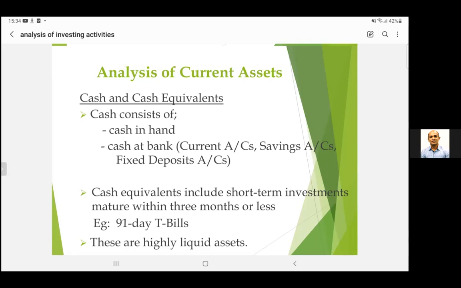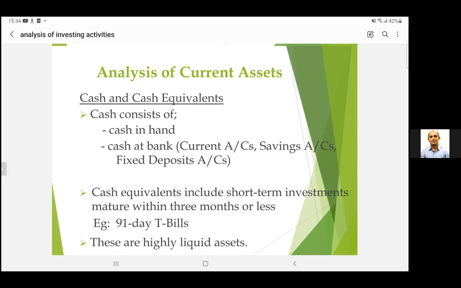With the analysis, we'll get more idea about the company's cash balance. Similarly, we'll analyze the company's trade receivables and see whether trade receivables are fairly represented in the financial statements.